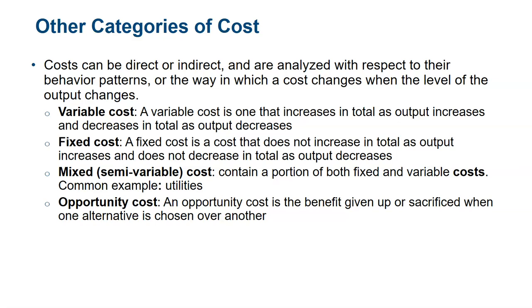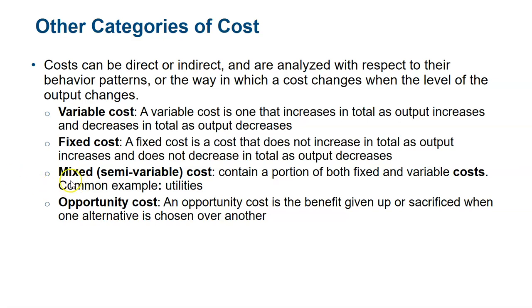Let's say that your car payment is $500 a month. Your car payment is $500 a month, whether you drive the car or whether you don't drive the car, right? But gas for that vehicle would be a variable cost. It's going to go up the more miles you drive, the higher that cost is going to be.